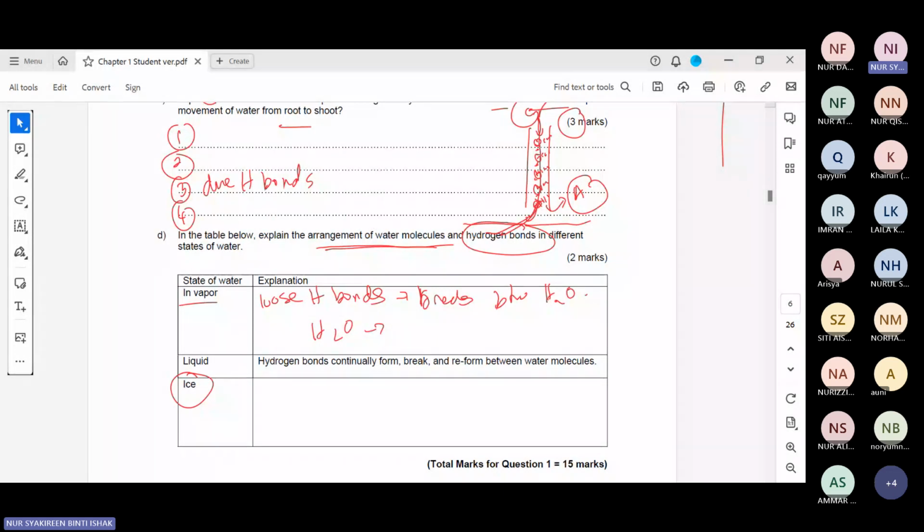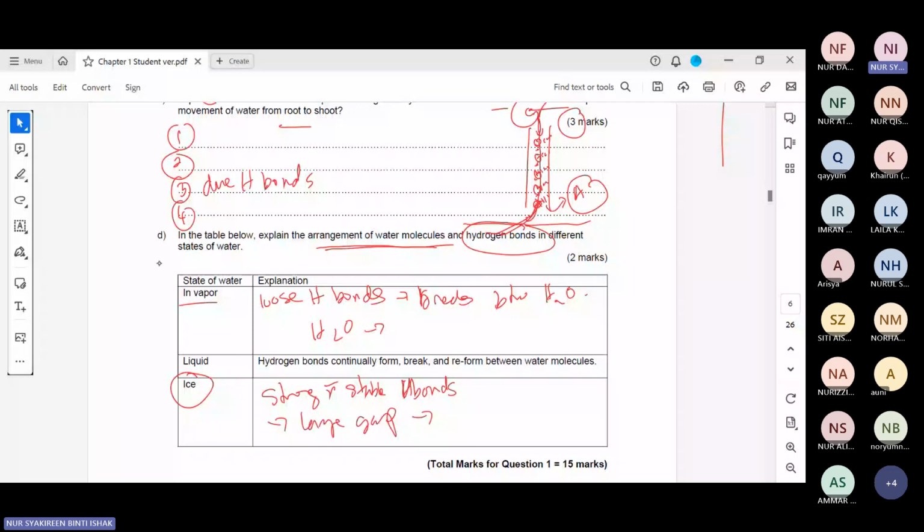Strong and stable hydrogen bonds between water molecules that form large gaps between the water molecules, causing ice to be less dense. Okay, less dense, right?